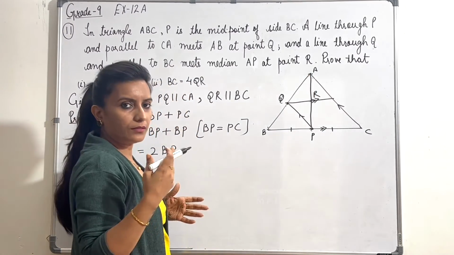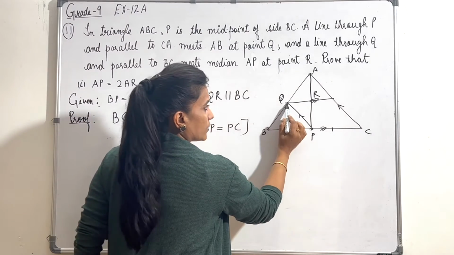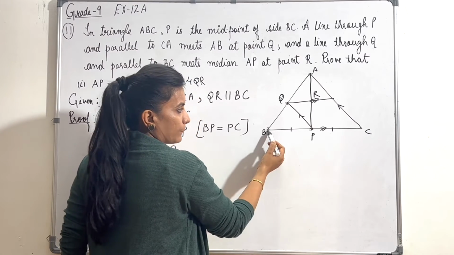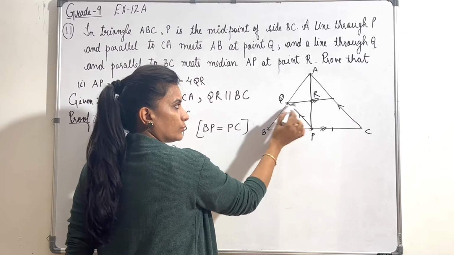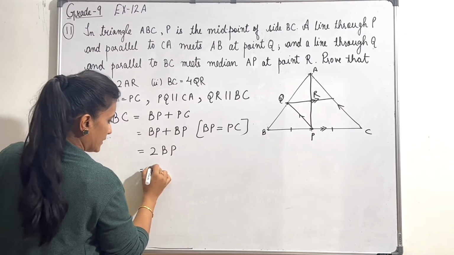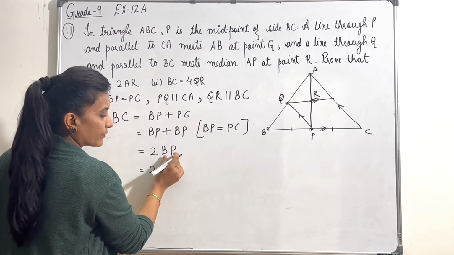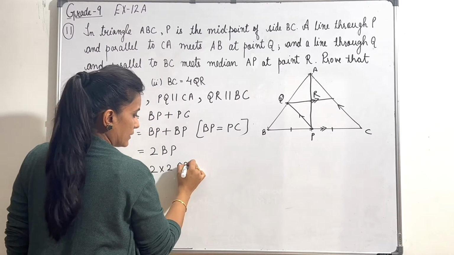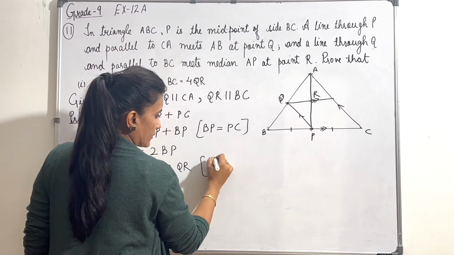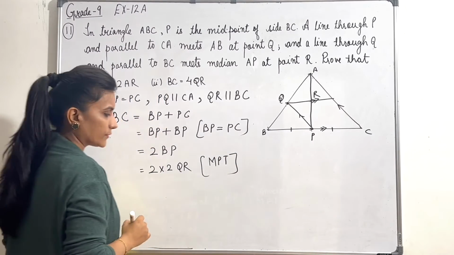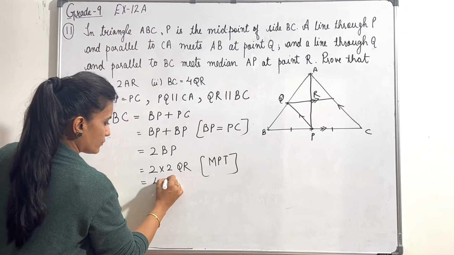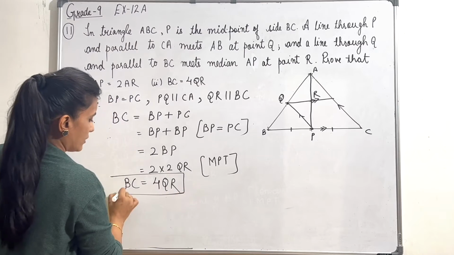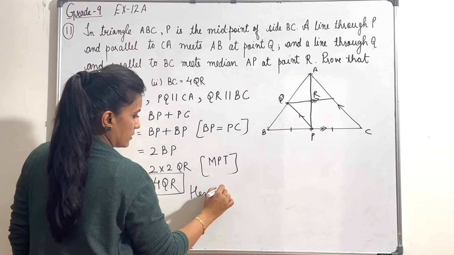Therefore, from the midpoint theorem, we can say that QR will be equal to half of BP, or you can say BP will be double of QR. Correct? So can I write down this BP is double of QR, twice of QR? Reason, from midpoint theorem, right? So this will be equal to 4QR. So BC is equal to 4QR and hence proved.